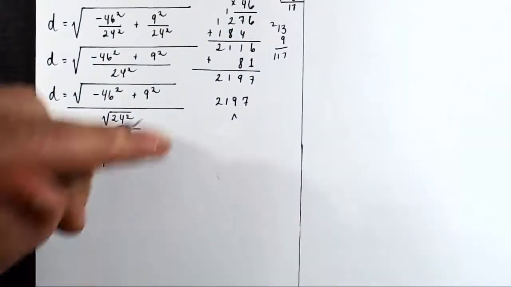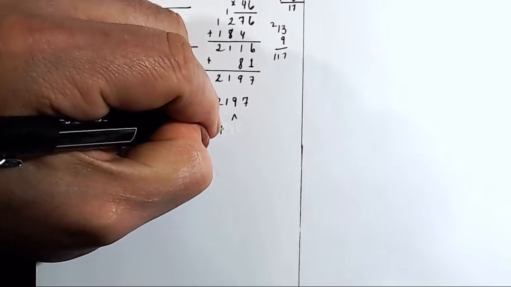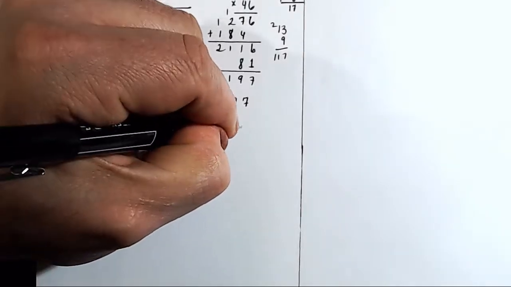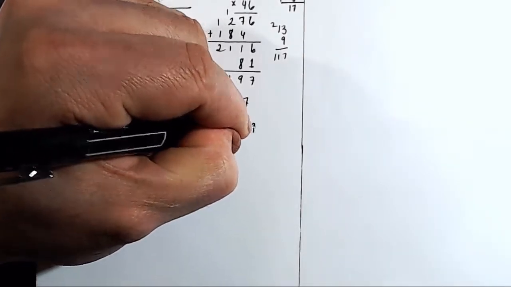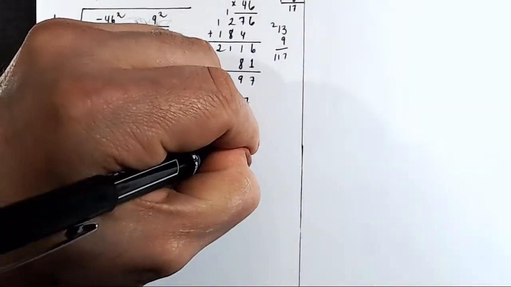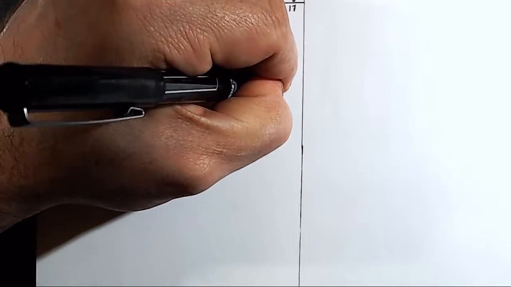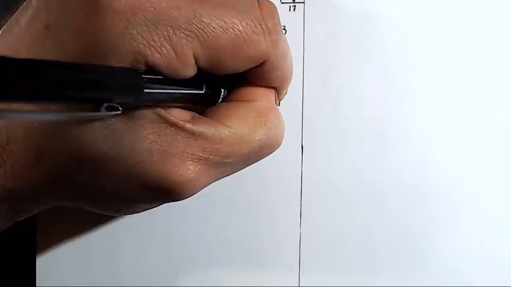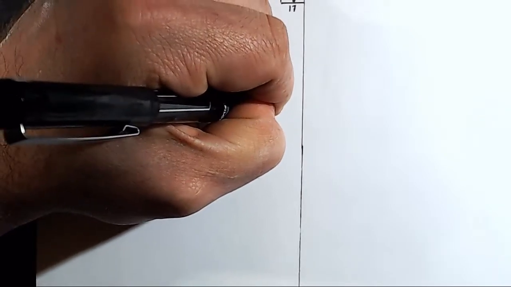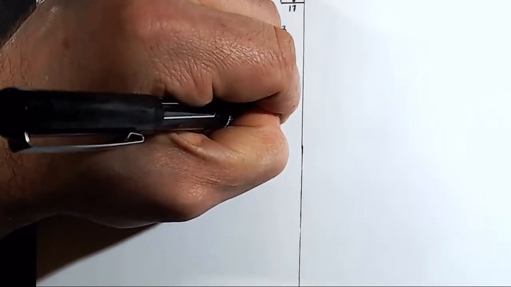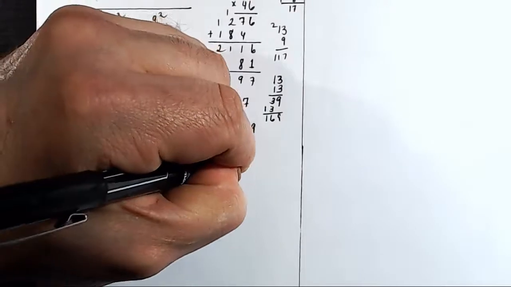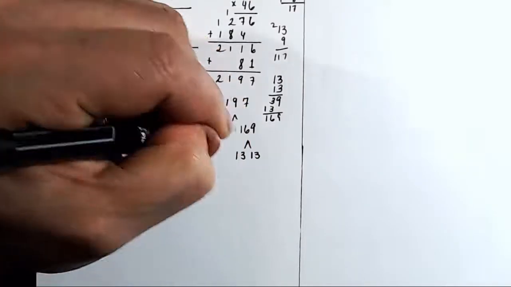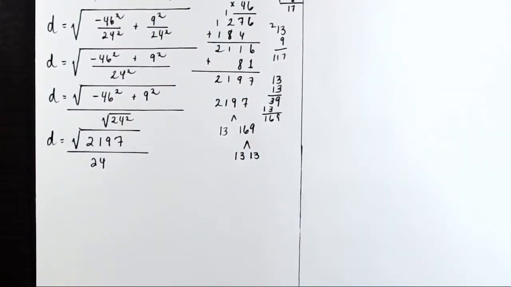So that would be 13 times 169. Let me just double check, but I think 169 is 13 squared. And it is. So that's 13 times 13. So 2197 is 13 cubed.